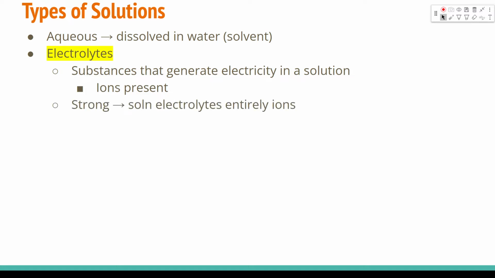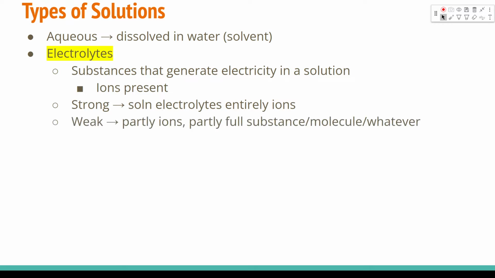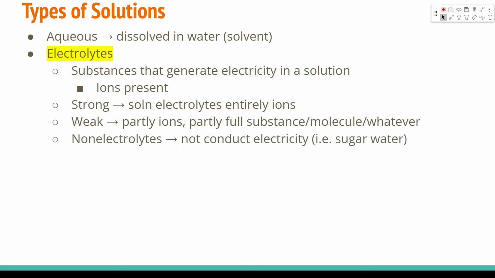If I have a strong electrolyte, that means the thing is entirely made of ions. If it is a weak one, we only have some ions, but also partly whatever other things are in there. So we might have parts of the salt that aren't ions, and parts of the salt that are ionized. If it's a non-electrolyte, then you are not going to conduct electricity.